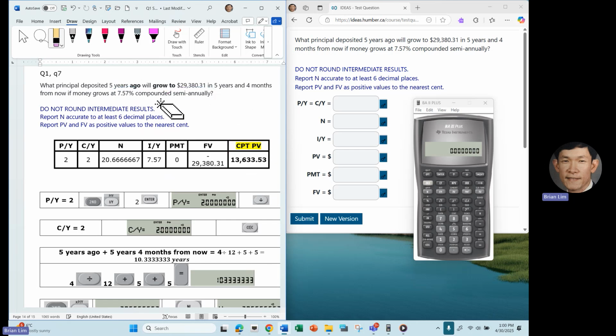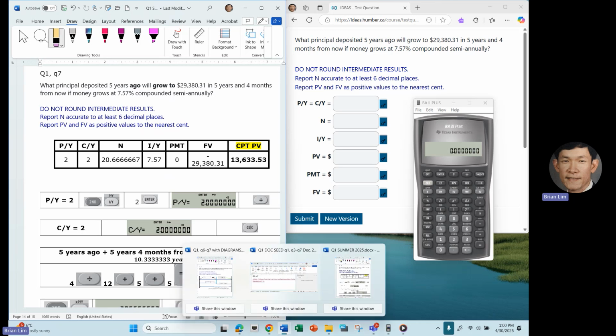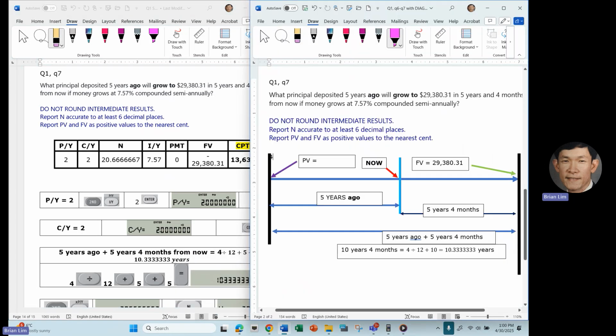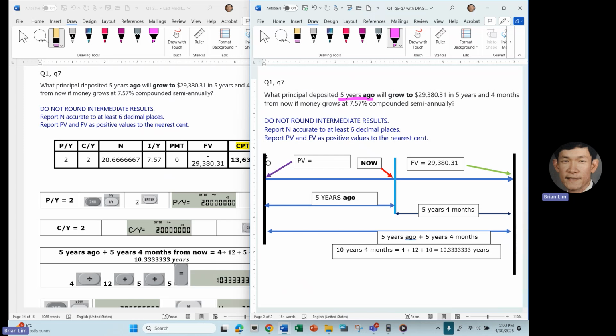Now, the only bit of information we need to pay attention to is the fact that the deposit was made 5 years ago, and we're looking at the growth. It grows in 5 years and 4 months from now.